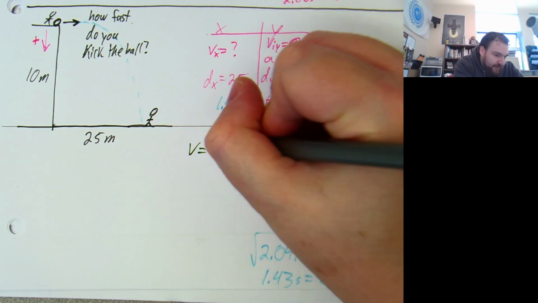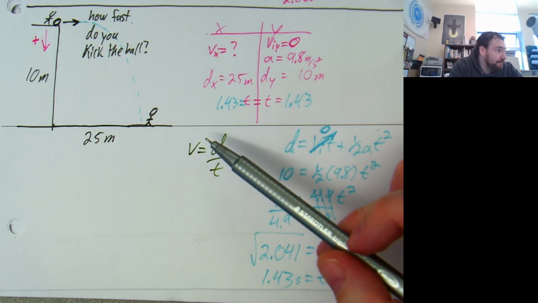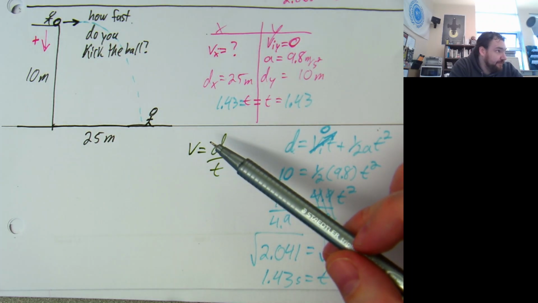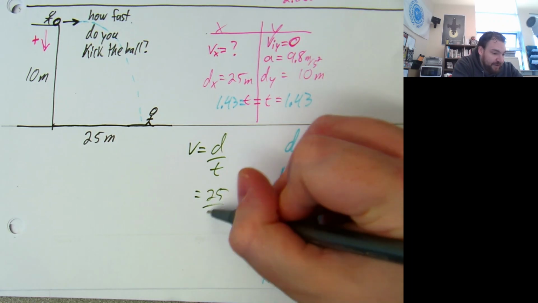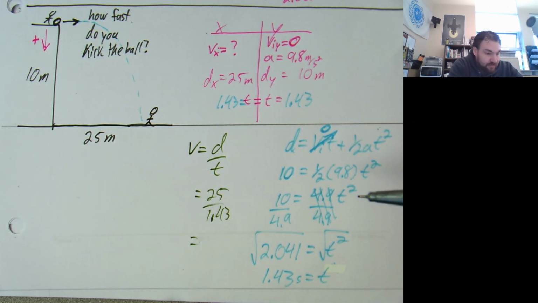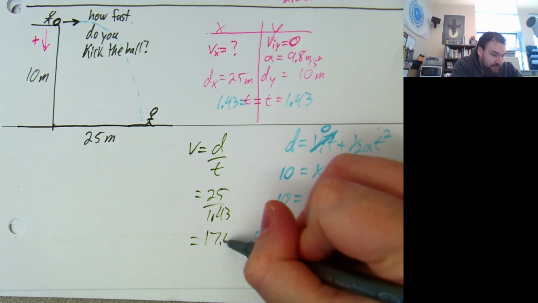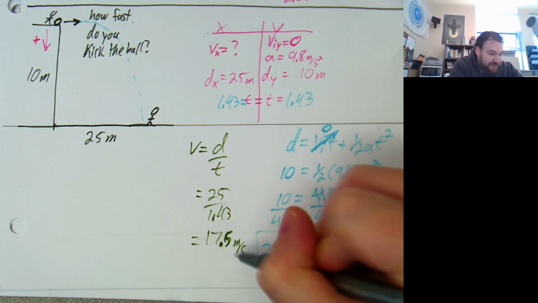So v is going to equal d over t. We don't need to rearrange it because that's what we're looking for. Yeah, Brad? Give me the answer. 25 over 1.43 is? Let's call that 17.5 meters per second.